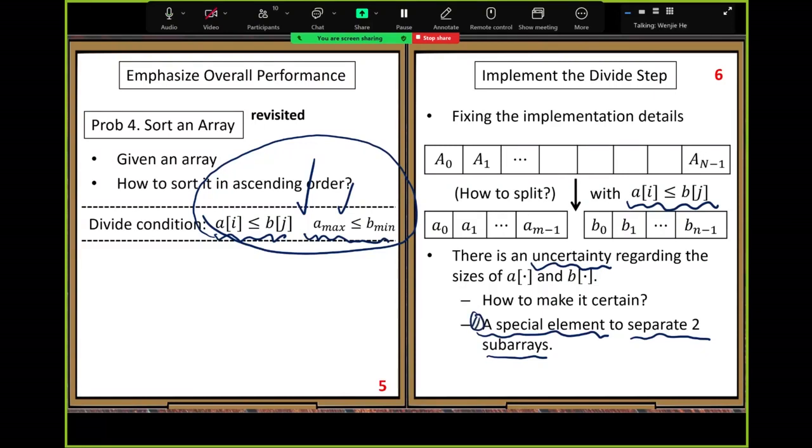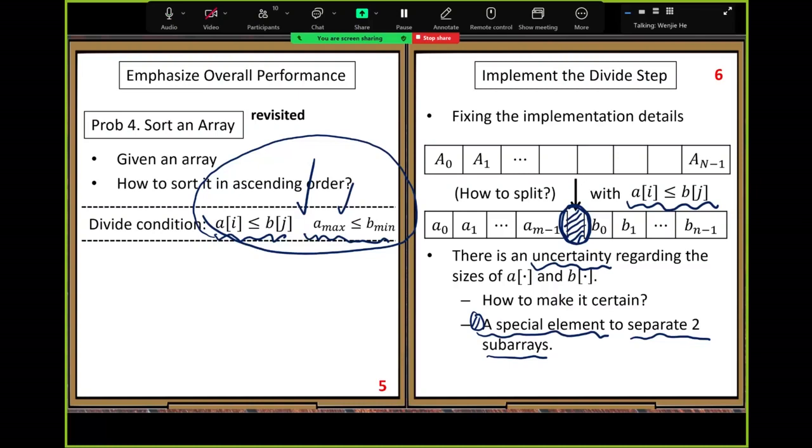We want some special element between these two subarrays to tell us what is the left subarray and what is the right subarray. Okay, that special element should be located between these two subarrays.